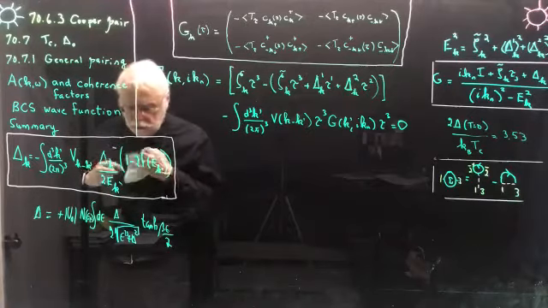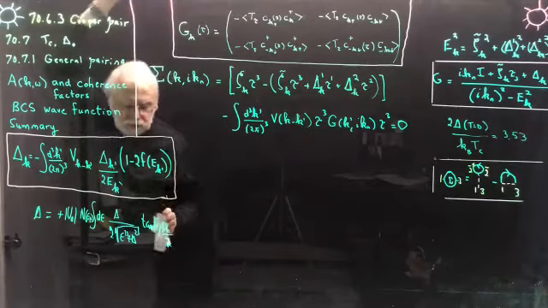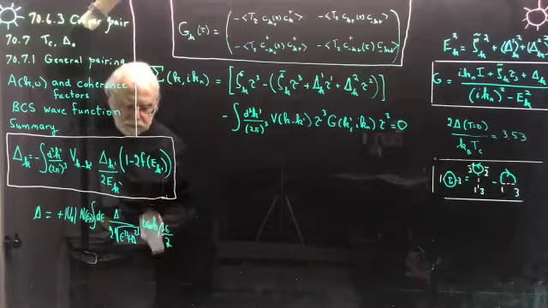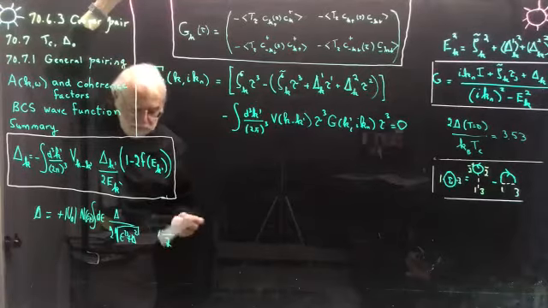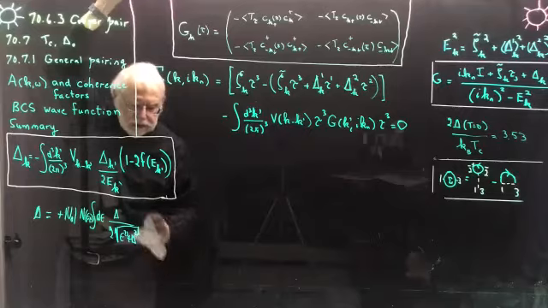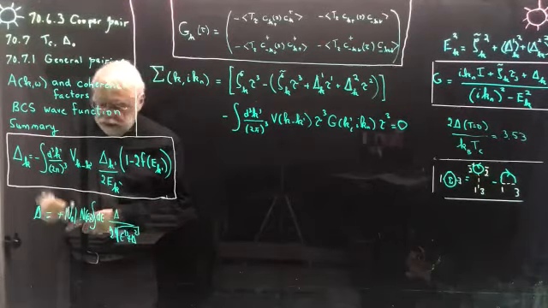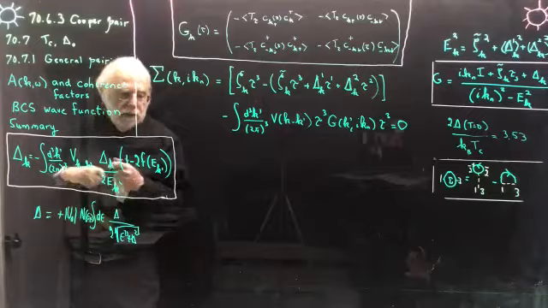And if you want the 0 temperature, then at 0 temperature, what you do is that you replace this by 1. And again, you can do this integral. And you see in both cases, you have this quantity that comes in.